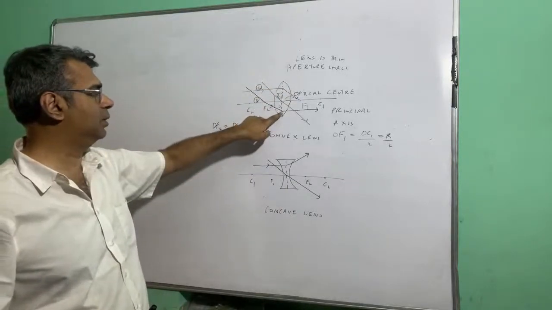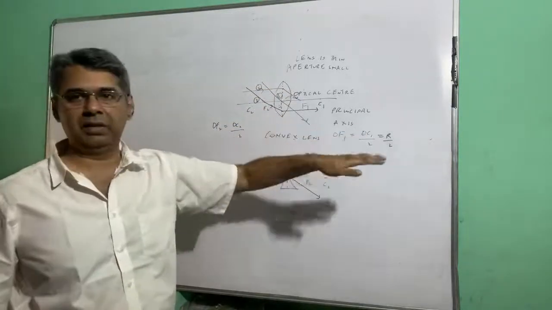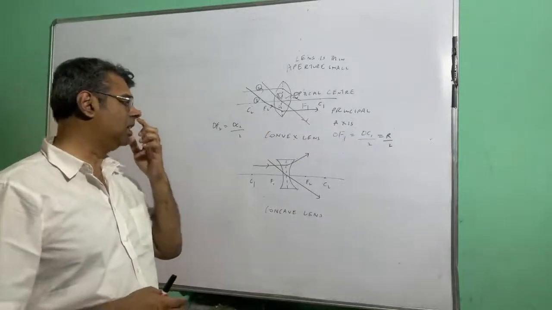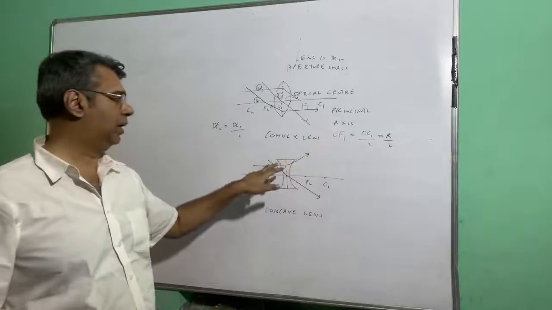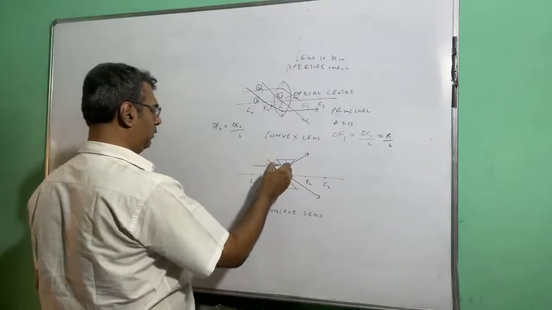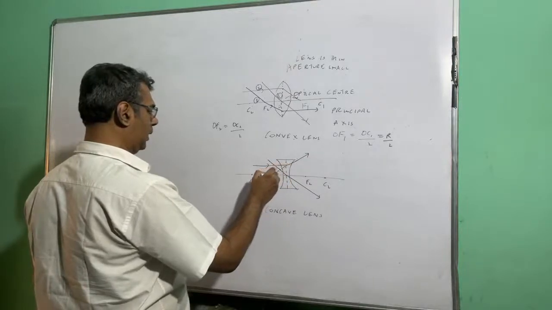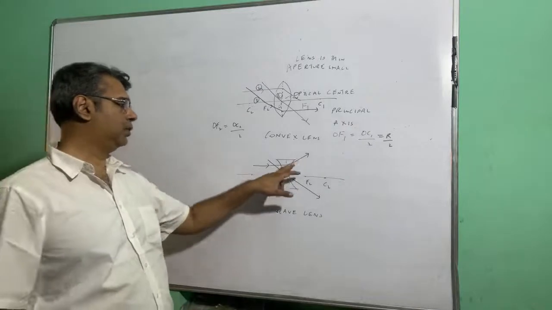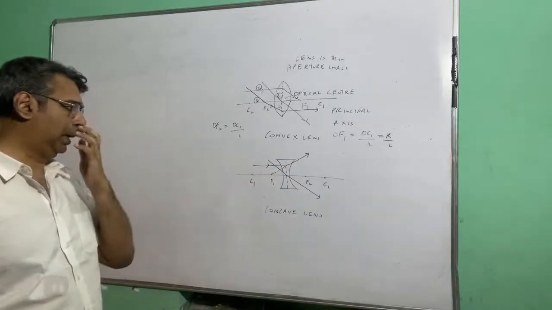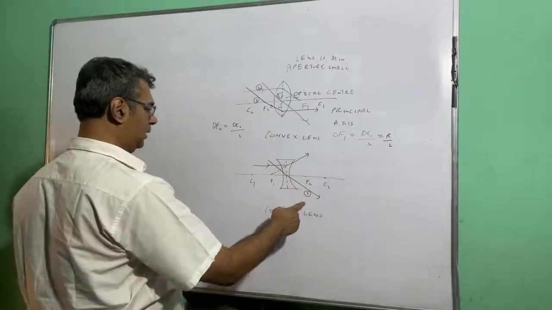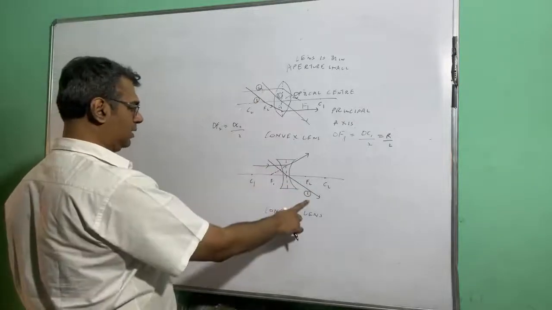This ray seems to be going far, but after refraction it straightened, so it's trying to go closer to the principal axis in a convex lens. In a concave lens, after refraction, it's going away. But if you produce it back, it will come from F1. So ray number 1, the optical center ray which I drew for this, that is this.